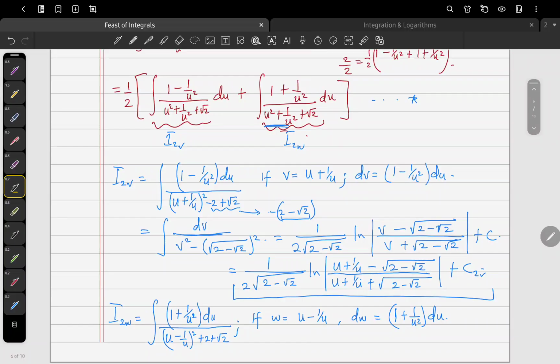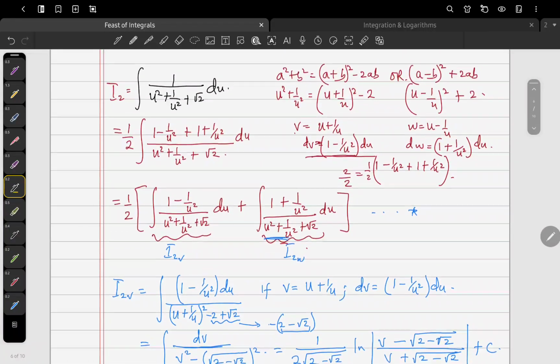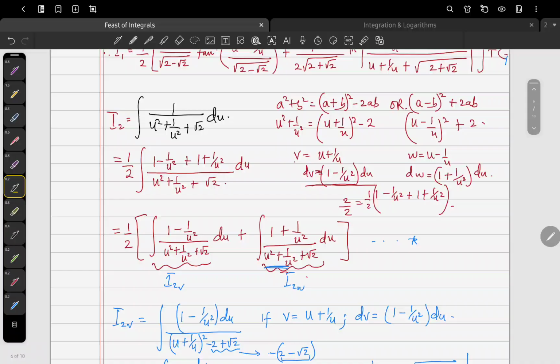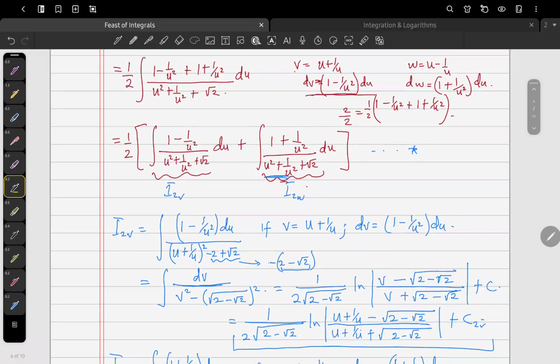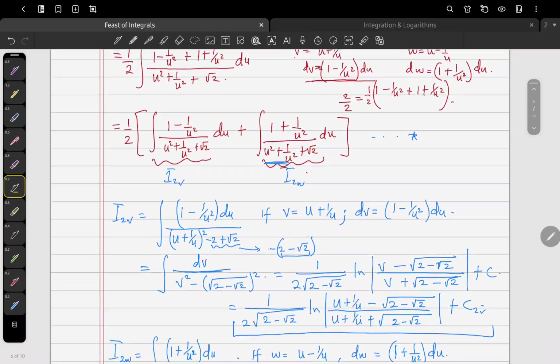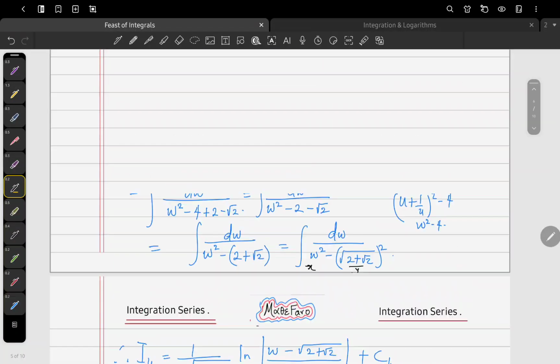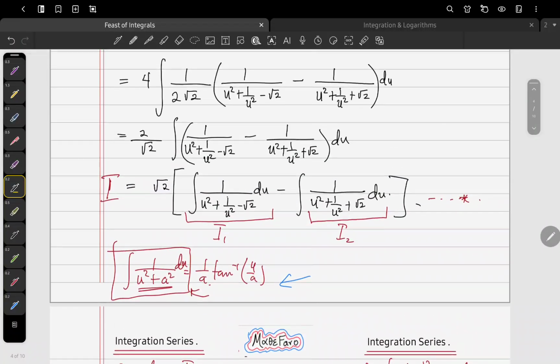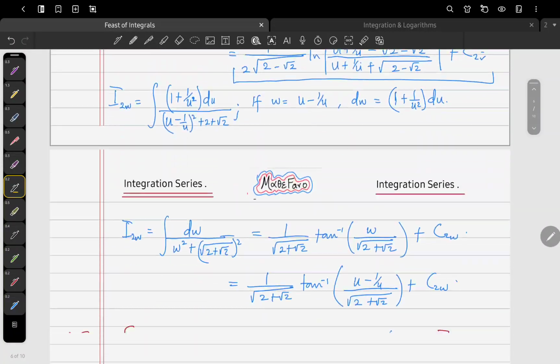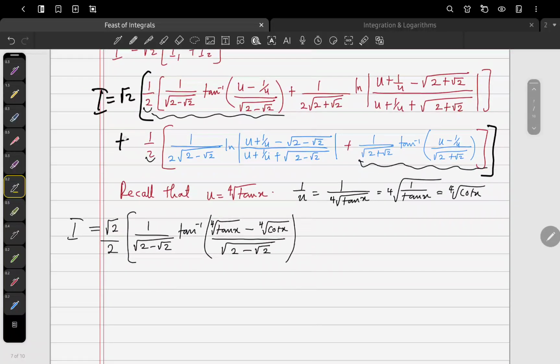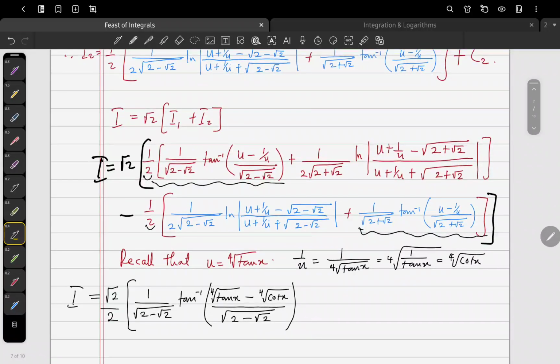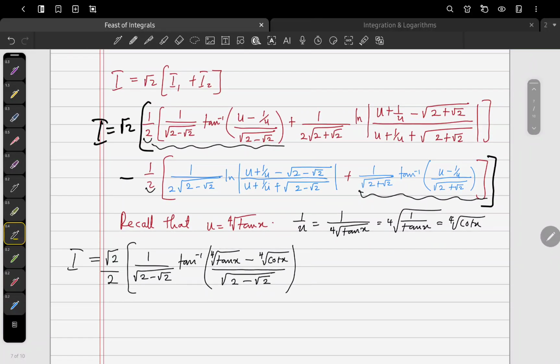So have we made a mistake? What was our, is it I1 plus I2 or I1 minus I2? Let's check quickly. Oh, it is I1 minus I2. Sorry. So I1 minus I2. So yes, we are back on track.